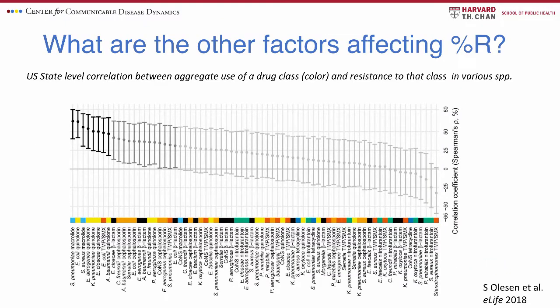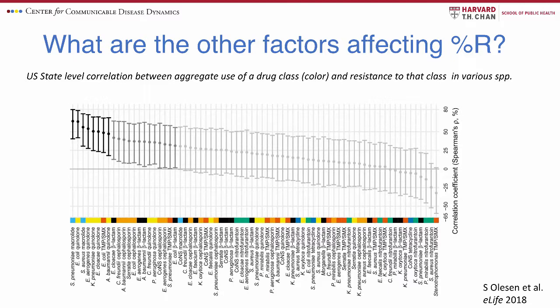Antimicrobial use is clearly a major factor influencing the proportion of resistance. This is a landscape analysis we did recently of the state level within the United States variation in resistance to various antimicrobial agents in various bacteria as a function of antimicrobial use. So it's a correlation between use and resistance.